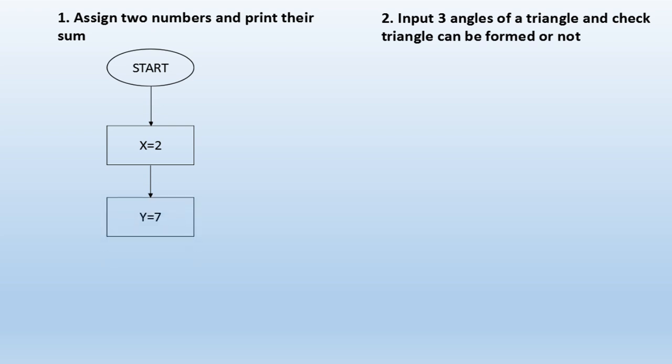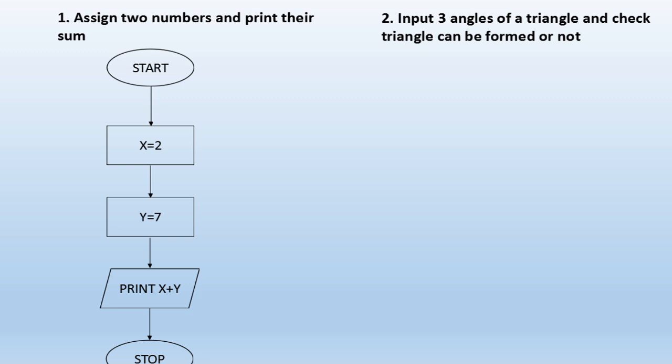Next, what to do? You store 7 in y. Then you are printing. This is a parallelogram. You are printing x plus y, that is the sum of two numbers. And finally, it is coming down to stop. So this is how you draw a simple flowchart.